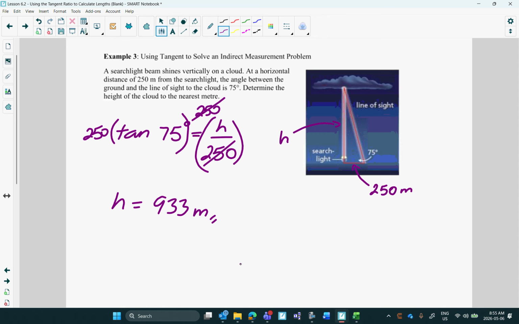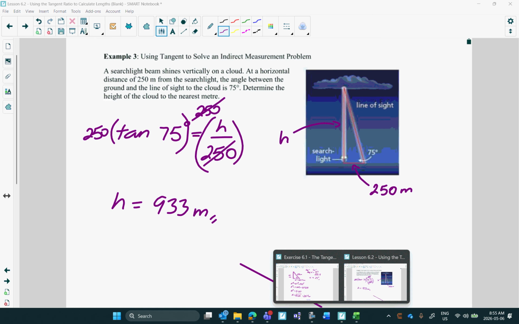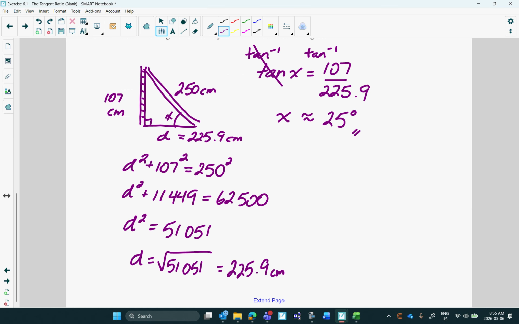So the next step is going to be, what if we can't use tan? What if the information we're given in the triangle makes it harder to use tan? Like questions like this where we had to use Pythagoras before we could use tan. Okay?